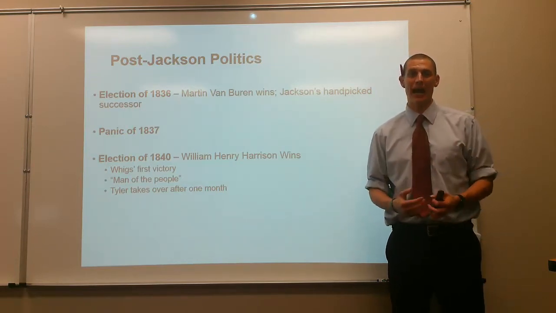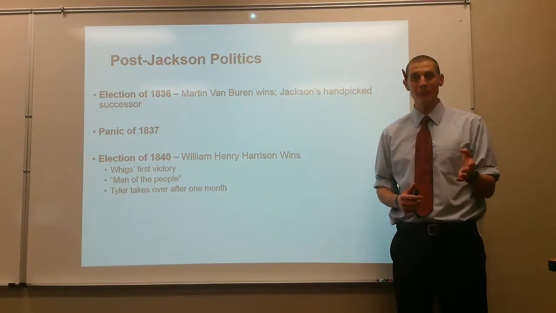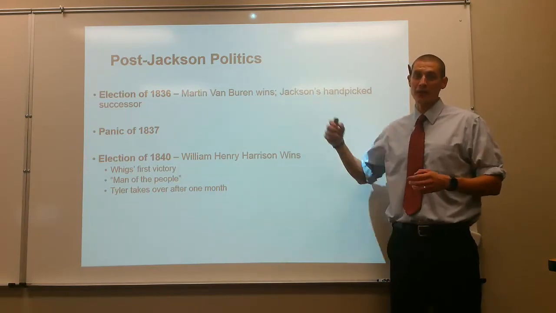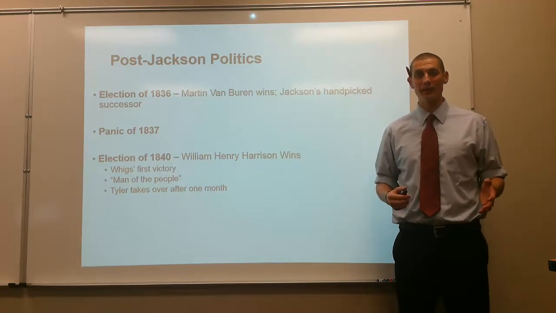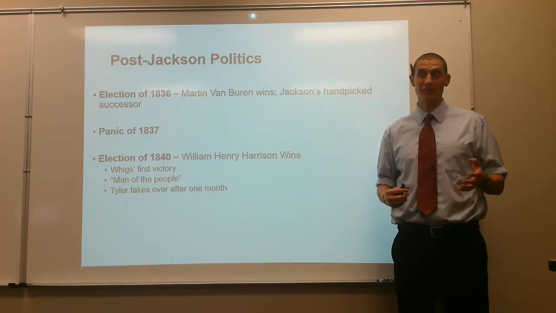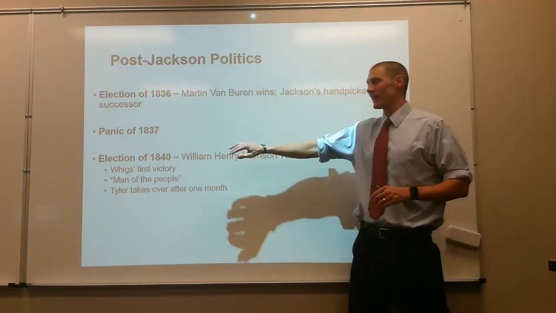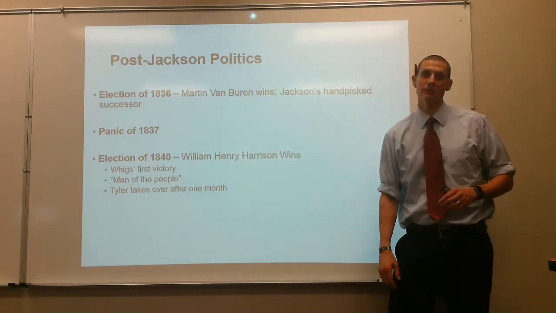And that's exactly what happens. But while it was precipitated by Andrew Jackson, it happened during Van Buren's presidency. So he's the one that's going to take most of, if not all, of the blame for this. And that's what the Panic of 1837 was.